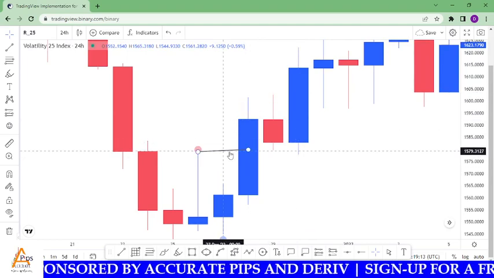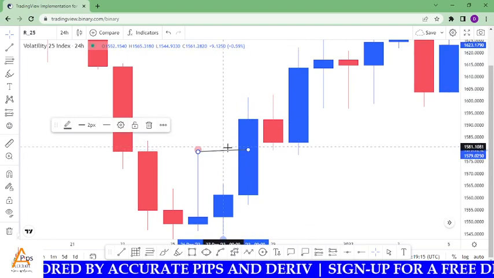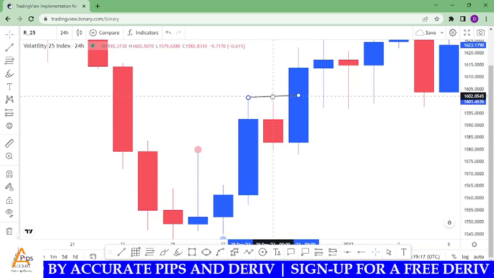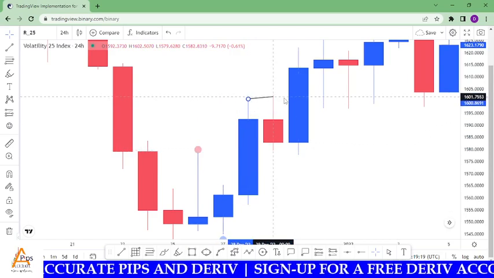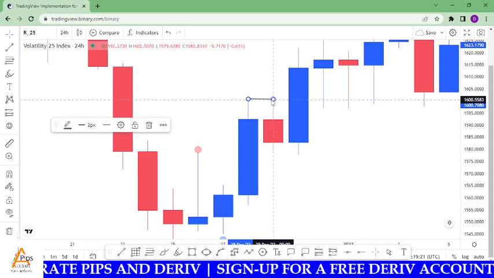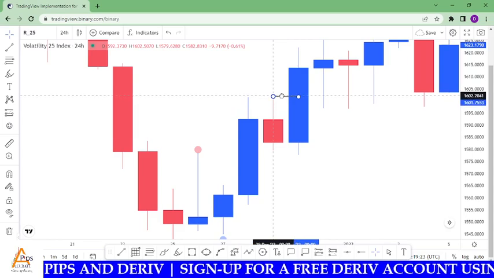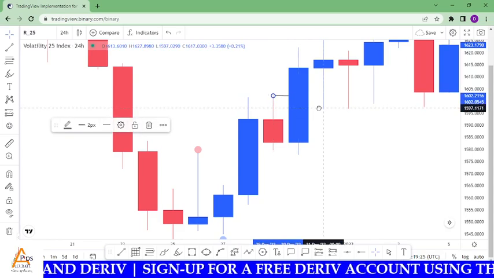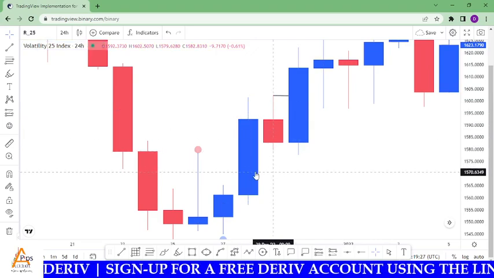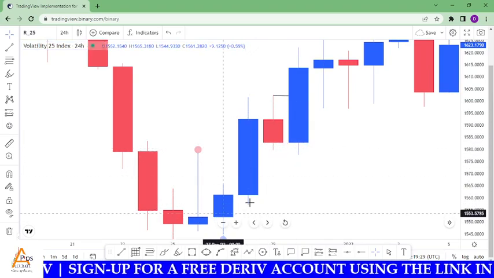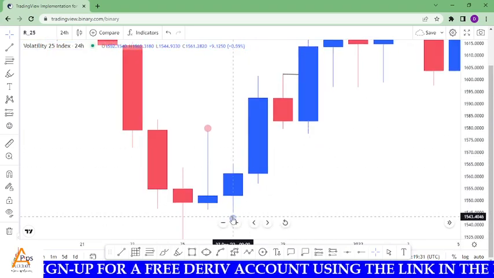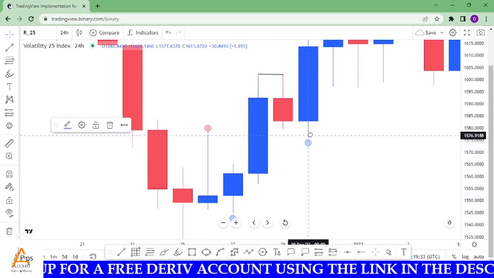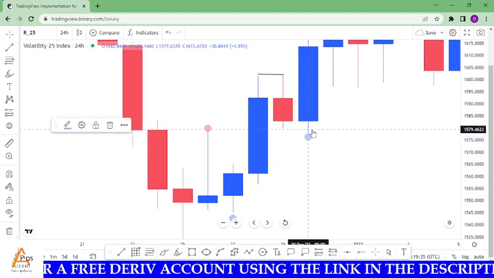So this means this is our new high being formed here, because this is the highest point. And then we have our lower point being formed here, because this is the lowest it came.